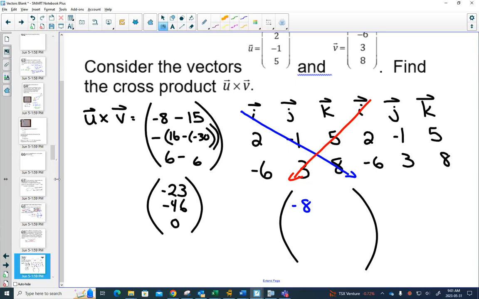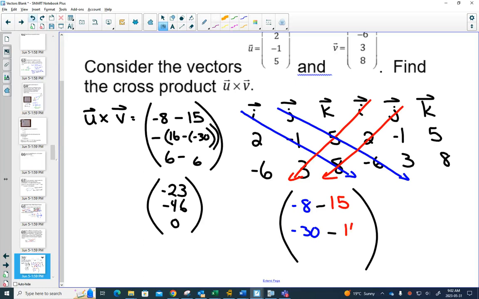And that one will be -15. Same numbers that I got in the other method. When I go to J, can you see that there's only one way I can make the diagonal go for J? And here I get -30 minus, and the only way that I can go J in this direction would be, oops, that's not red.